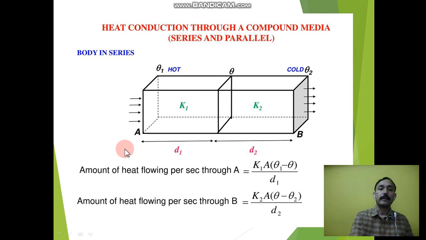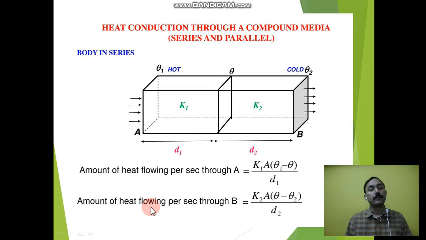That means when heat flows from left to right, it covers distance d1 for body A and d2 for body B. So the amount of heat flowing per second through A is K1 A (θ1 minus theta) by d1.